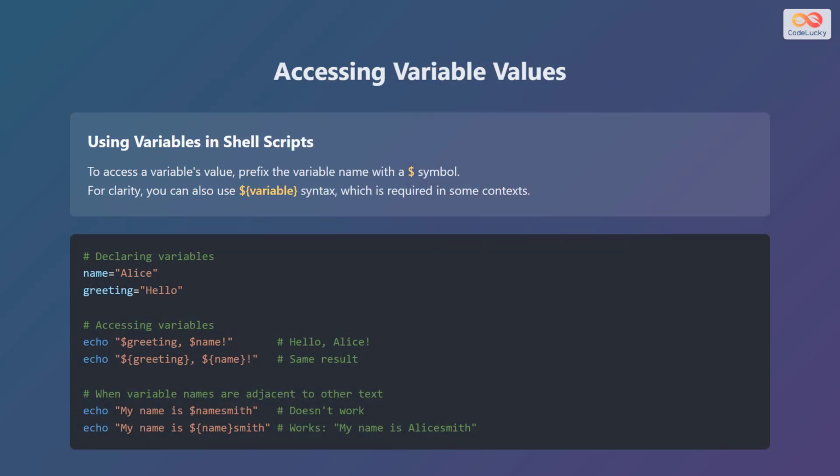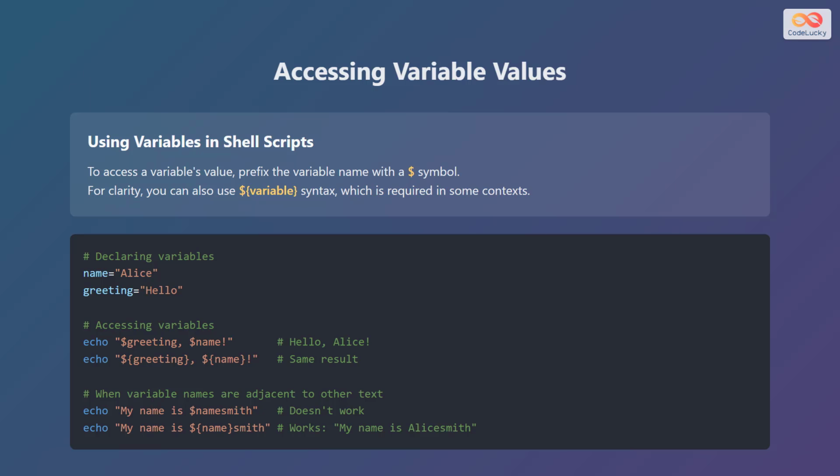To access the value of a variable, prefix the variable name with the dollar symbol. Alternatively, you can use the curly braces syntax, which is required in some contexts for clarity. Consider these examples. We declare a variable named name and assign the string value Alice to it.